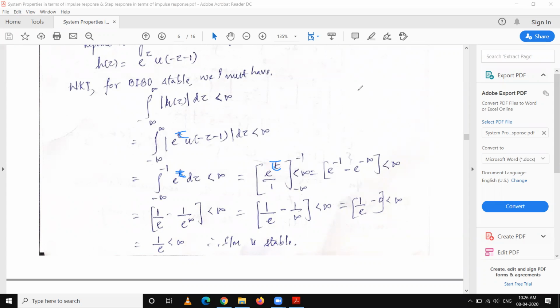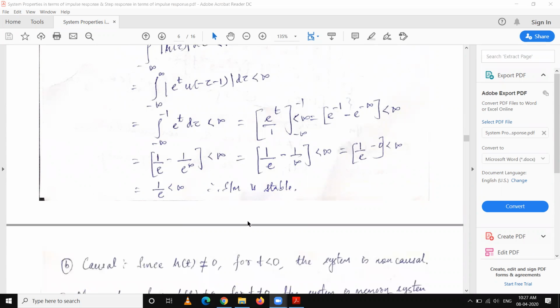It is nothing but e raised to minus 1 minus e raised to minus infinity, which is 1 by e minus 1 by e raised to infinity, so 1 by e minus 1 by infinity, which is 1 by e minus 0. So we get 1 by e. You can put the value of e and divide; it will be a finite value. So we can say that the system is stable.